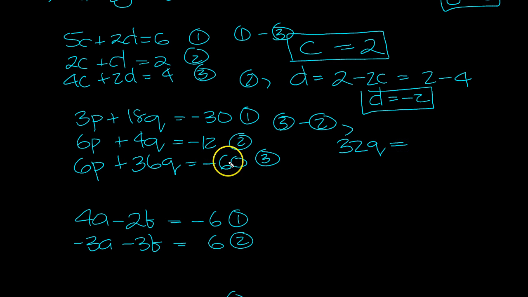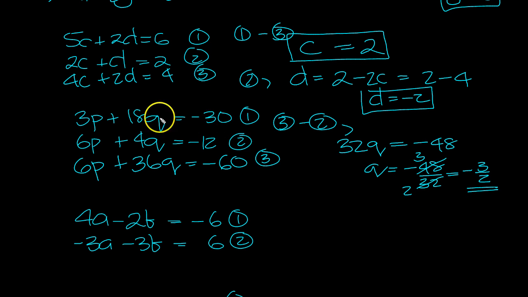Minus 60 minus 12 is plus 12. So that's minus 48. So q is equal to minus 48 over 32. Tap it in the calculator. The 16 is common top and bottom if you cancel it down. Minus 3 over 2 is q.